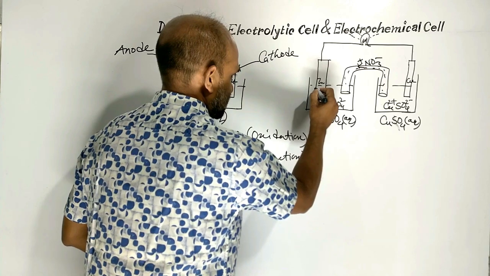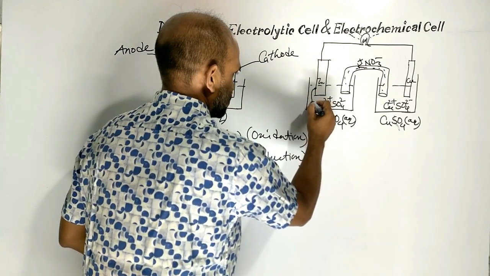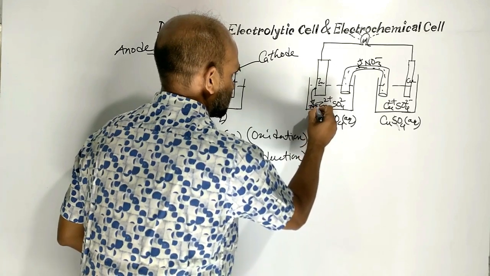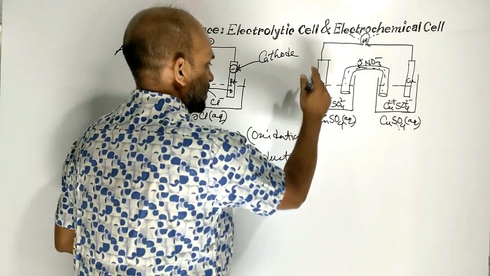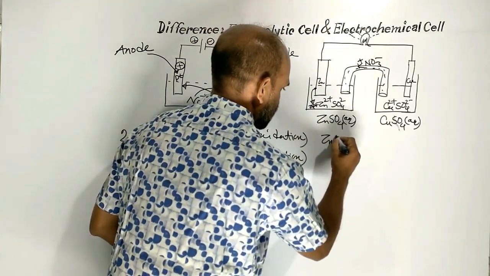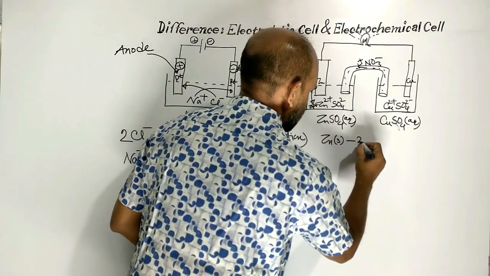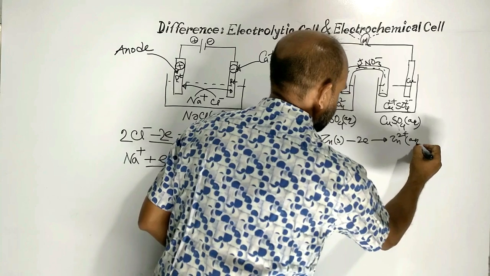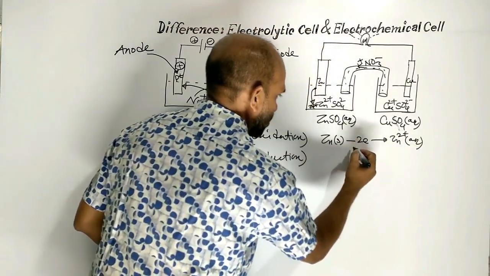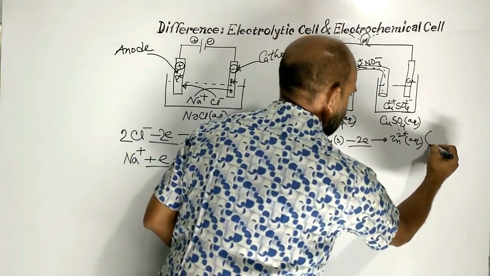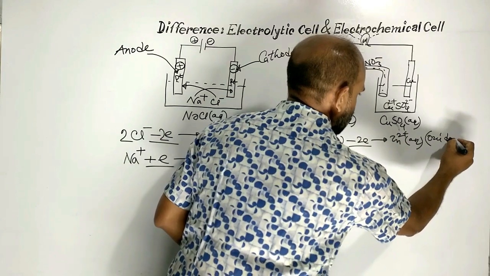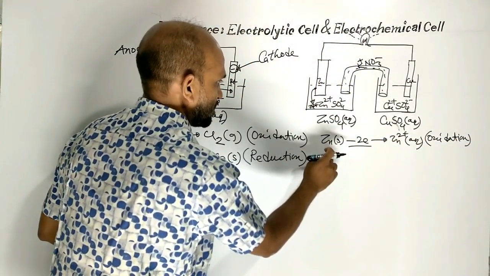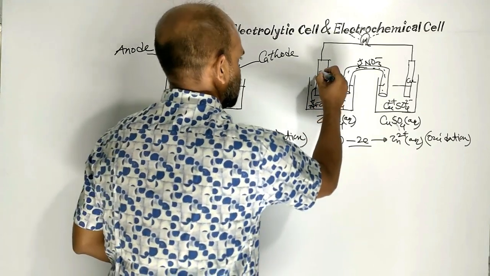First of all, zinc atoms go to the solution as zinc 2 plus ions from the zinc bar in this way, leaving 2 electrons. Removal of electrons, which is oxidation. This reaction occurs spontaneously.